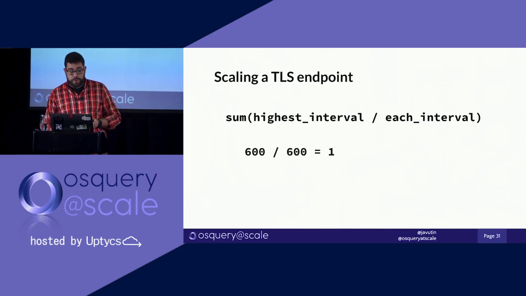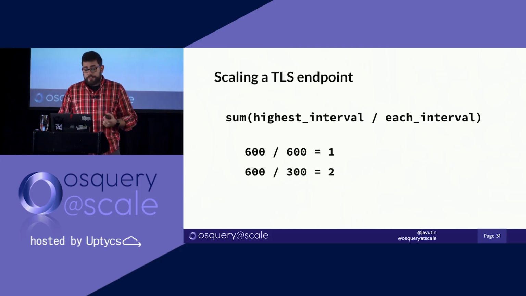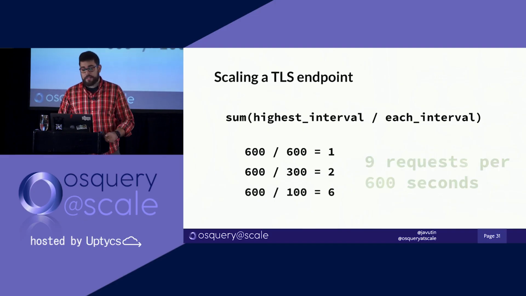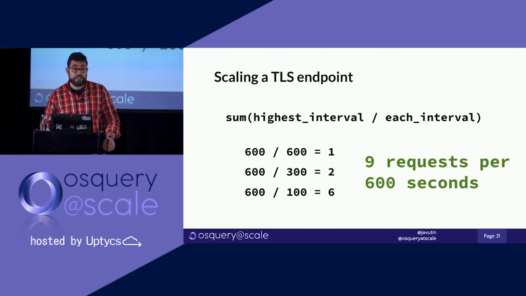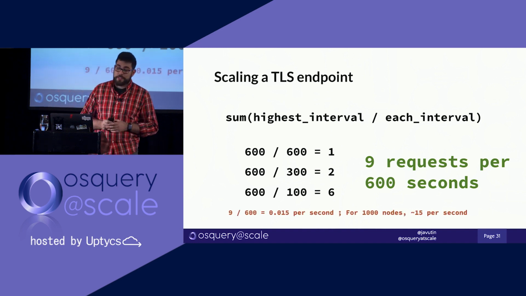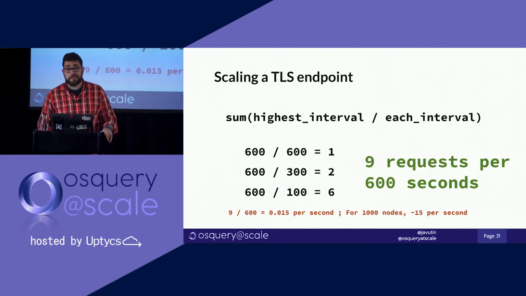In this case, 600, the highest, divided by 600 gives 1. 600 divided by 300 gives 2. 600 divided by 100 gives 6. That tells you that you get 9 requests per 600 seconds period, which, divided by 600, is 0.015 per second. If you have 1,000 nodes, that's approximately 15 requests per second.